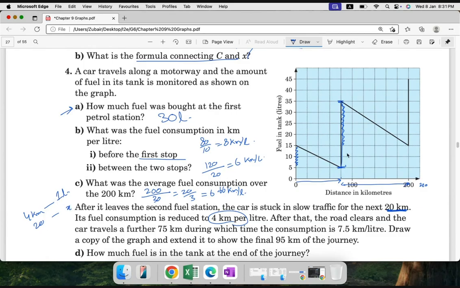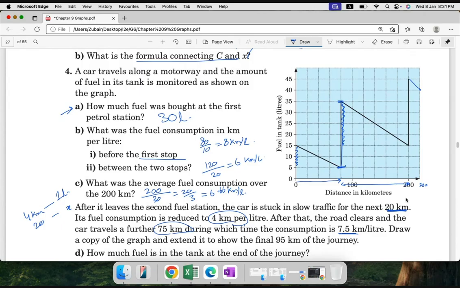That is 5 liters. So basically it would drop from 45 to 40. Done. And the second half says 7.5 kilometers per liter. I'm multiplying it with 20 again because one box is for 20. So 7.5 into 20.